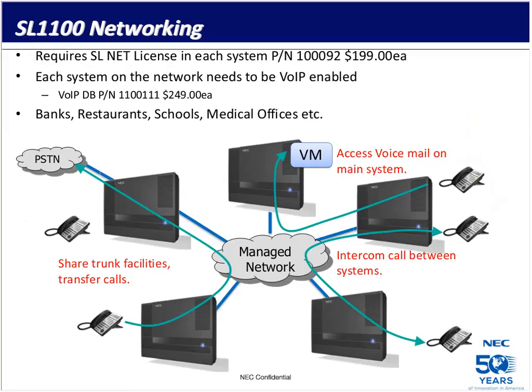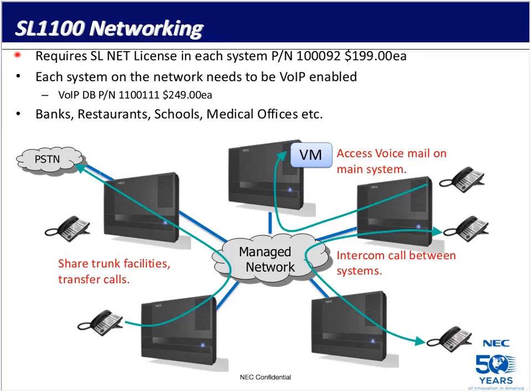And then lastly, the last component required for voice over IP is only required if you're going to be doing networking. You can network up to 5 different locations together on the SL1100. And I should mention that the maximum number of ports in the network cannot exceed 256 ports. That's your combination of lines and extensions. In order to do networking, each system on the network needs to be voice over IP enabled with the voice over IP Daughterboard, which we already talked about.